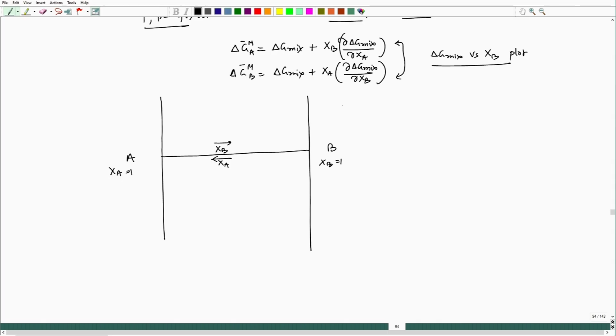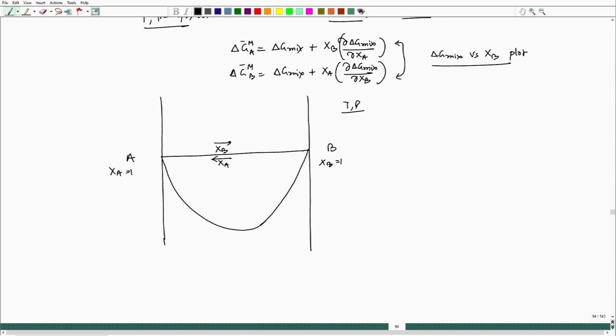Now, let us say I have taken a particular temperature and pressure. At that temperature, if I try to draw del G mix, since del H mix is equal to 0, it will be simply minus T del S mix. So, the plot would be looking like this.